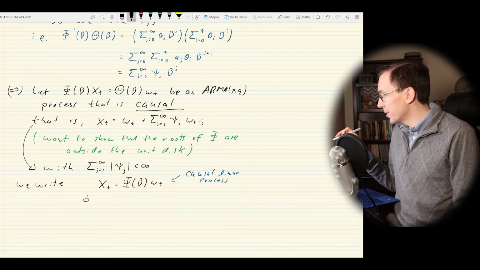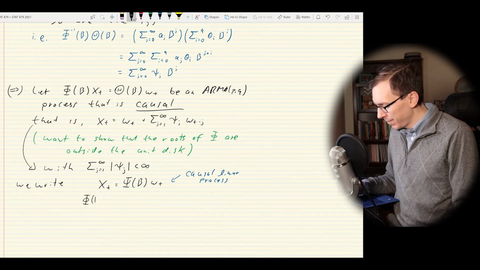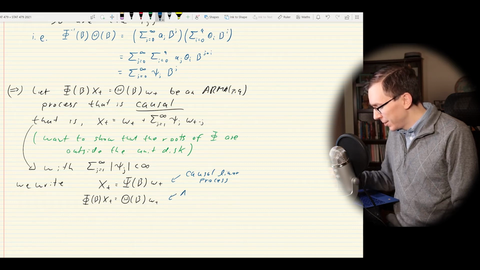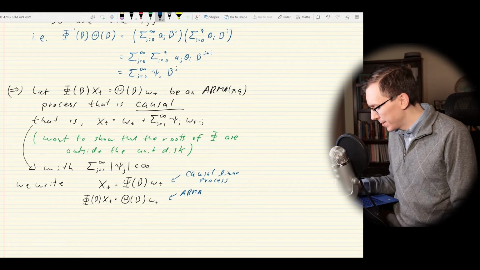And we can also write capital phi b xt equal to capital theta b wt, which is an ARMA(p,q) process.